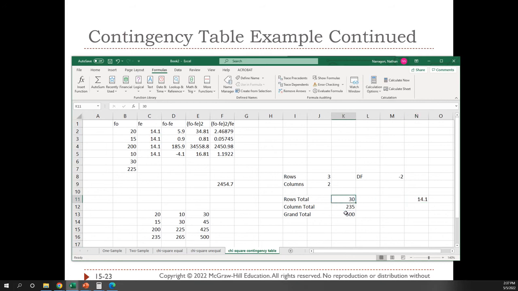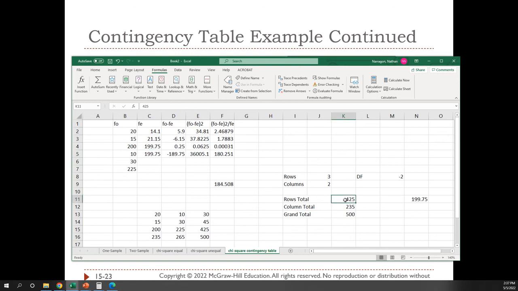All right. So for 15, that is 45. 235 divided by 500. That's 21.15. Okay. Next is the 200. So that's 425 for its row. So that is going to be 199.75.